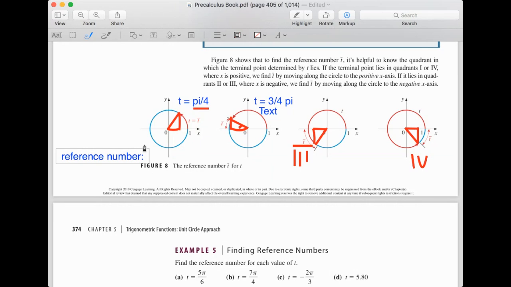In the first quadrant, it's just itself, just the number t. In the second quadrant, the reference number is pi minus t. Pi minus t is this complementary angle. How about in the third quadrant?